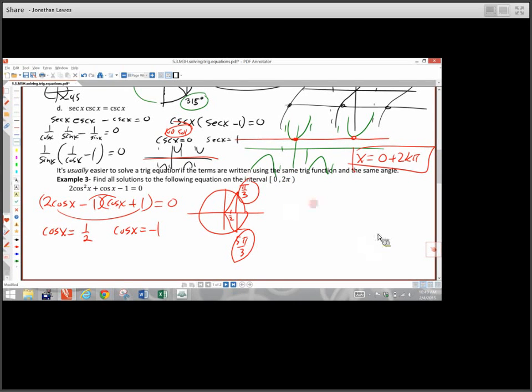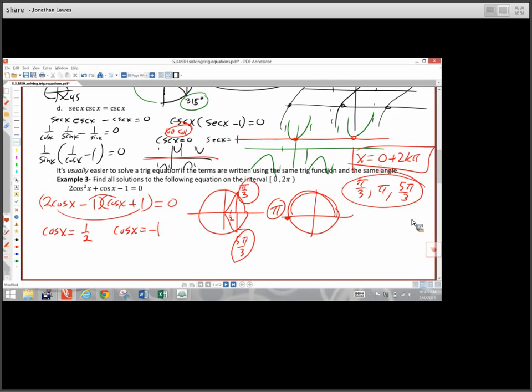And then let's do this other part. Cosine needs to be equal to -1. So where, as I go around the circle, does the cosine equal -1? Right over here, which is what angle? 180 degrees or pi. So the answers are pi thirds, pi, and 5 pi thirds.